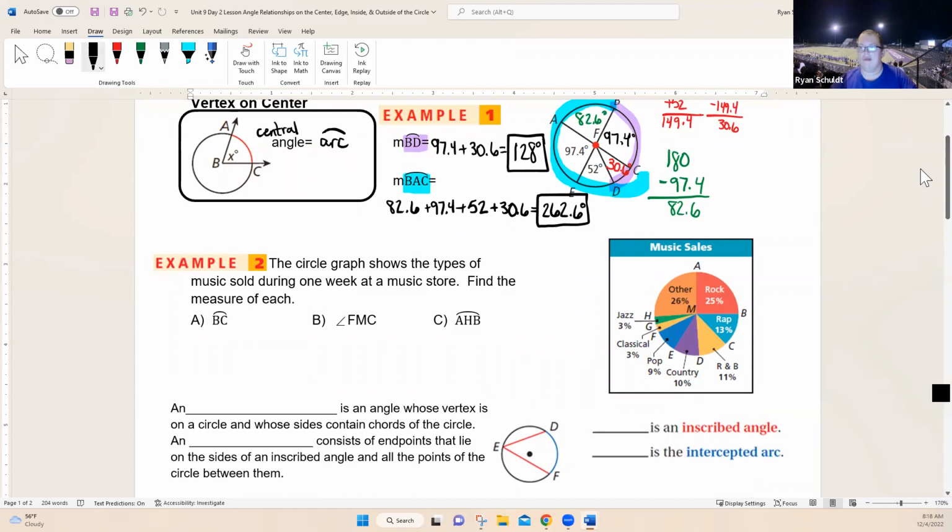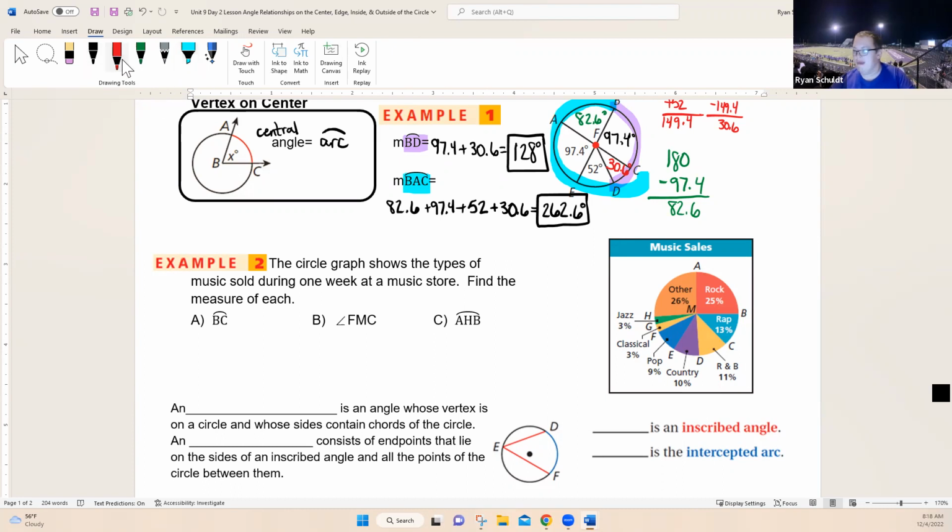Now, another way to do this is with a pie chart. This is another application. The circle graph shows the types of music sold during one week at a music store. Find the measure of each. All they did differently here is they divided it into percentages. So for instance, I want arc BC.